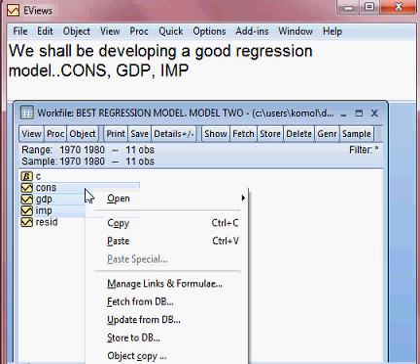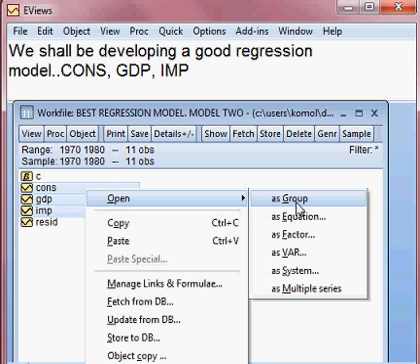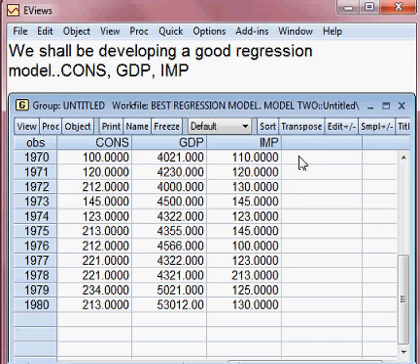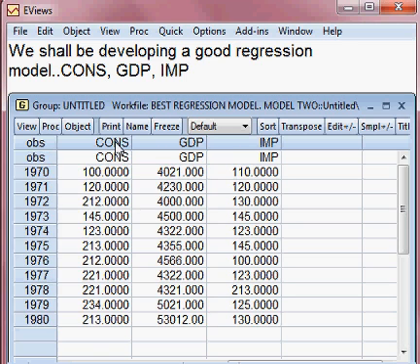I can open these 3 variables as a group. You can see the consumption, gross domestic product, and import.